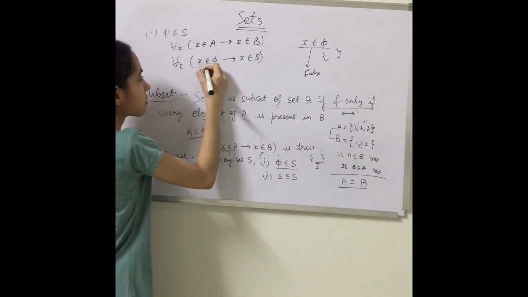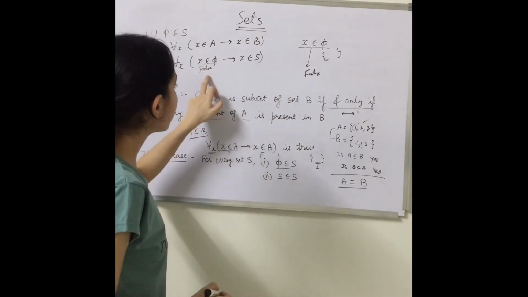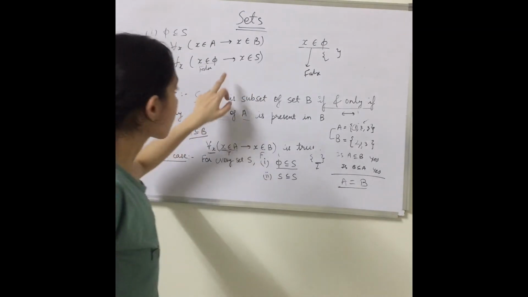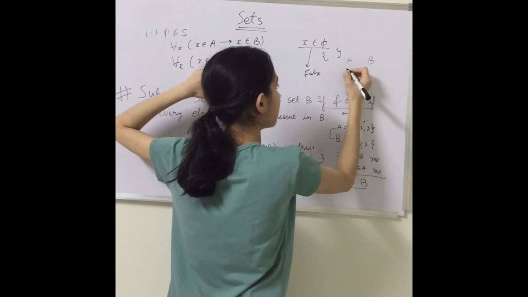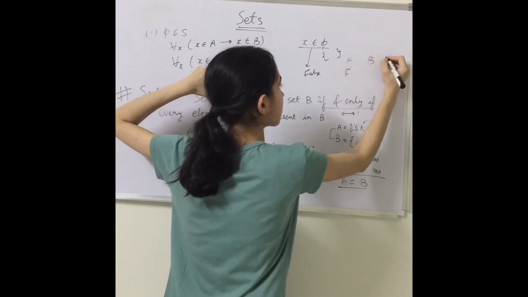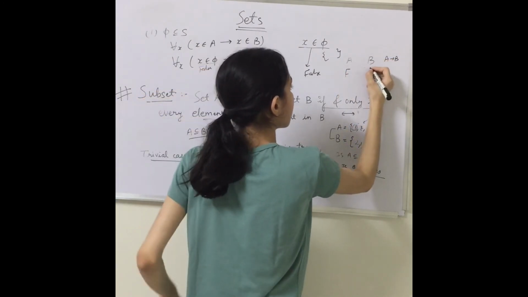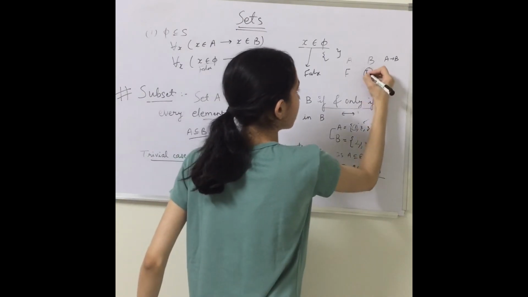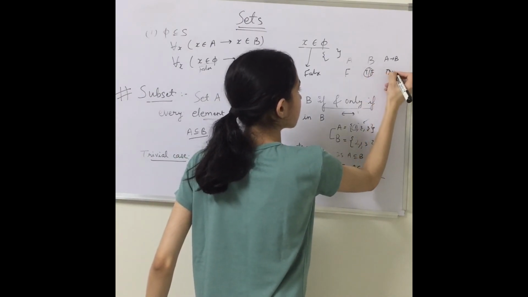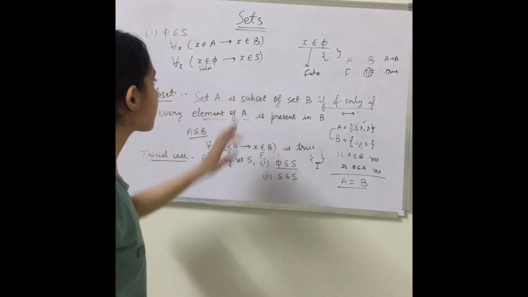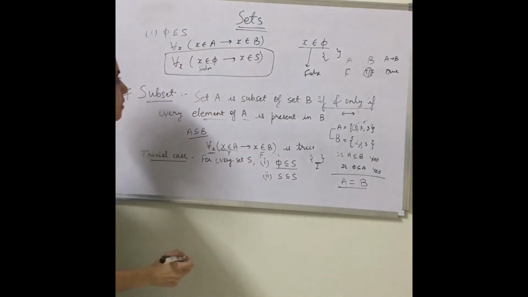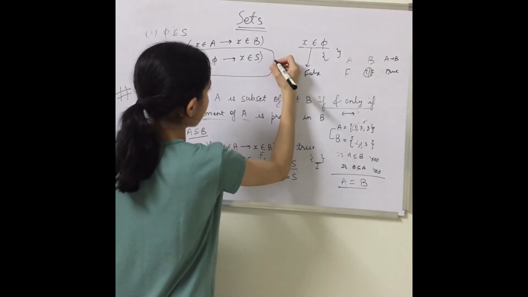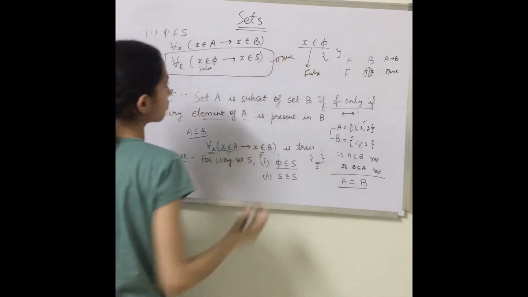If this is false, then there is no need to check the other part. Because implication says if I have two inputs A and B, and A is false, no matter whether B is true or false, this becomes true. So the whole thing is true. So for all x, x belongs to phi implies x belongs to S is true.